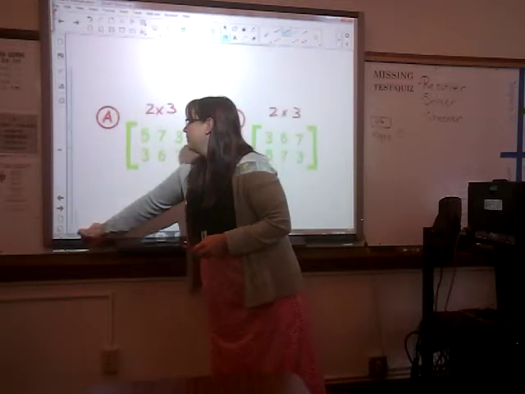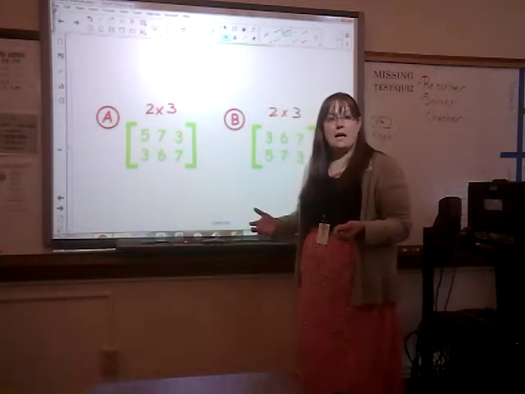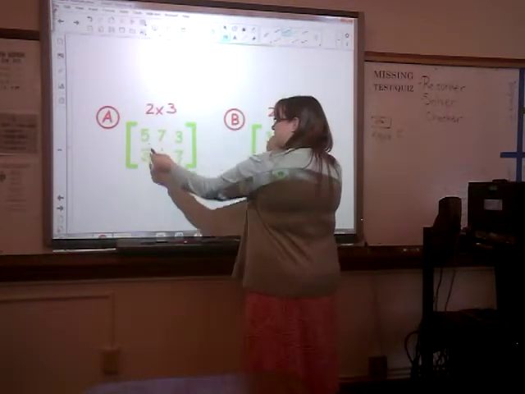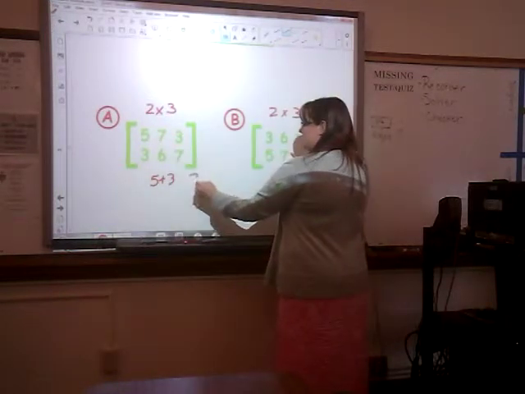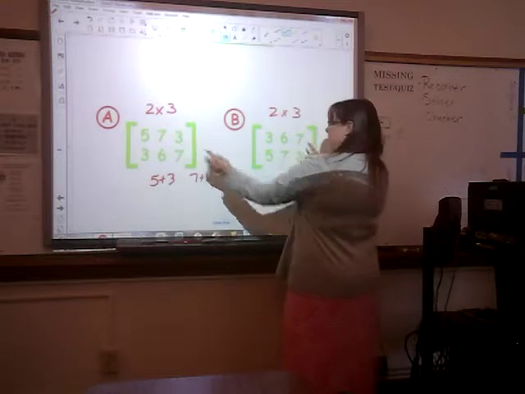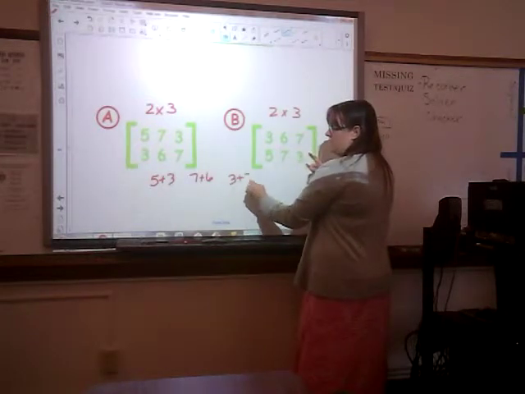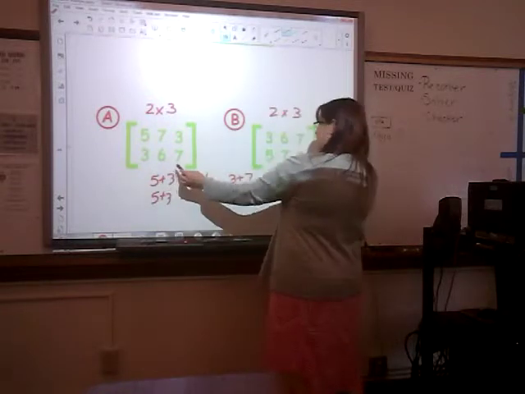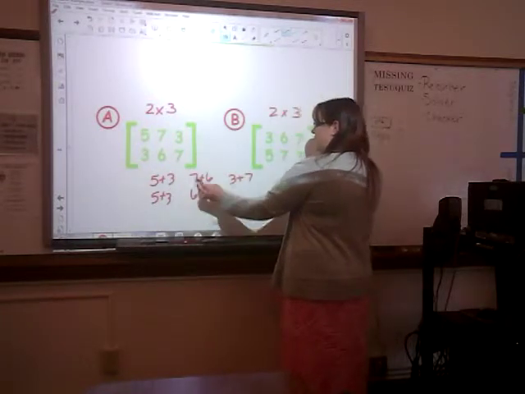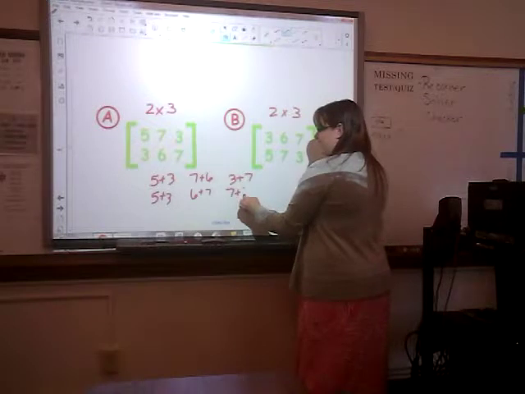And to add them, you just add the corresponding elements. So you add 5 plus 3, 7 plus 6, 3 plus 7, 5 plus 3, 6 plus 7, and 7 plus 3.